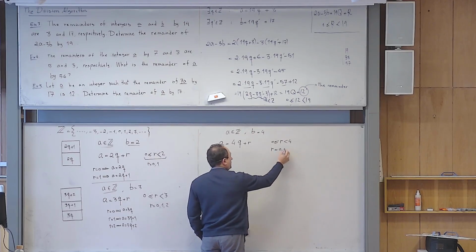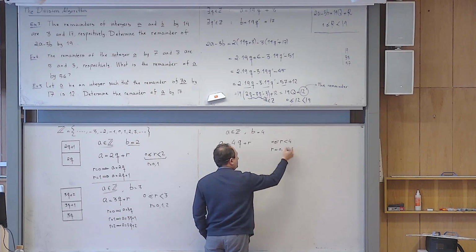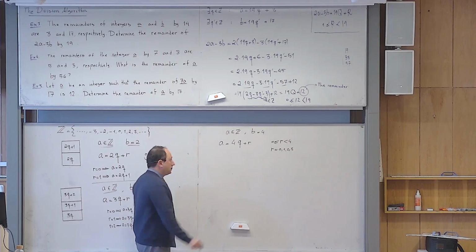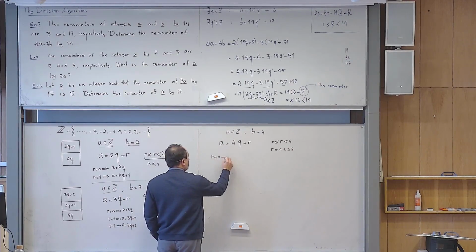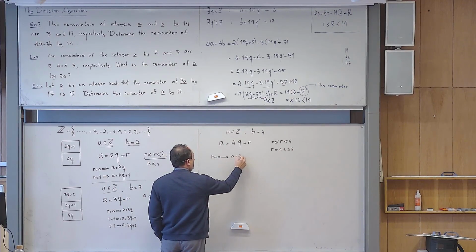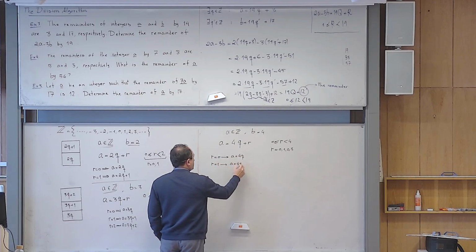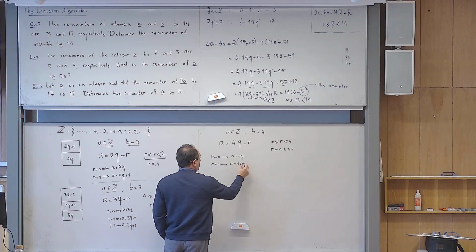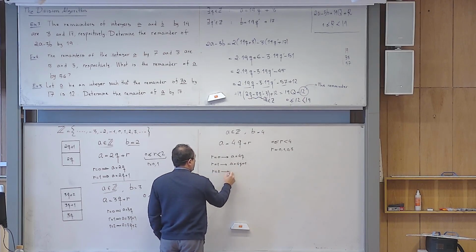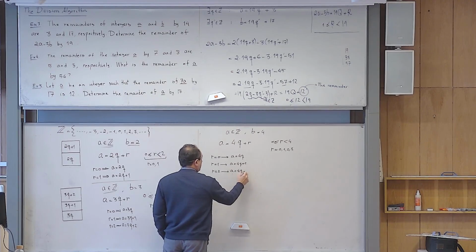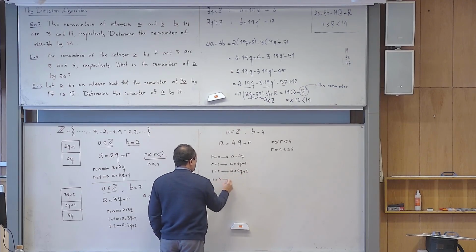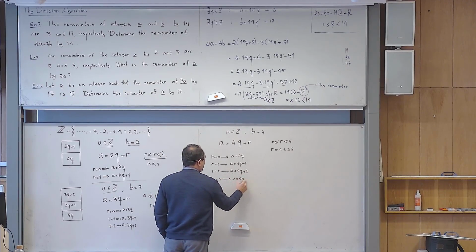Either 0, 1, 2, but maximally 1 unit less, it's 3. Okay, and what happens if R is 0, you get A is equal to 4Q. If R is 1, you get what? A is 4Q plus 1. If R is 2, you get A is equal to 4Q plus 2. And if you get R equals 3, you get A is equal to 4Q plus 3.